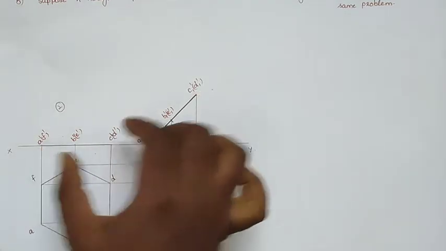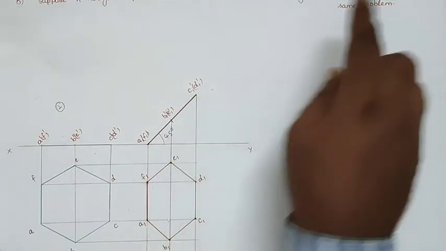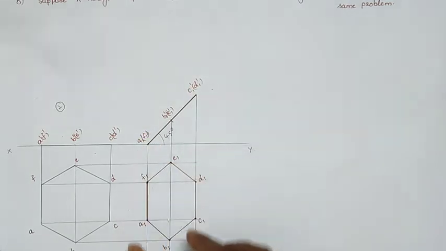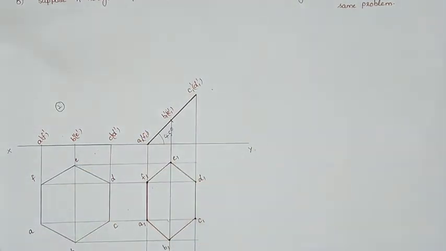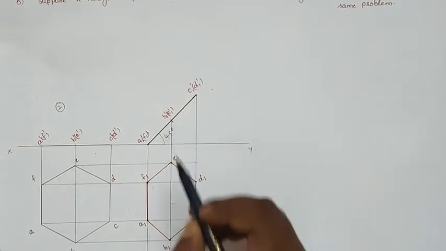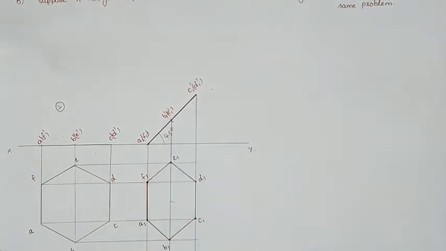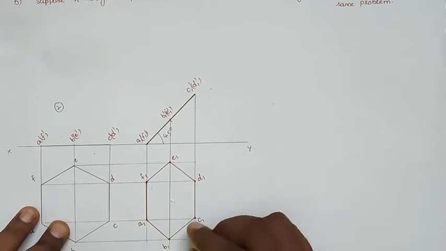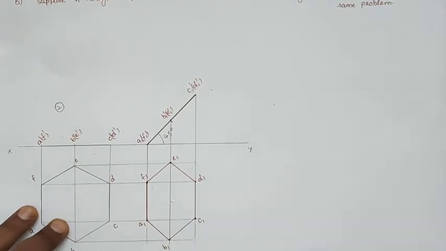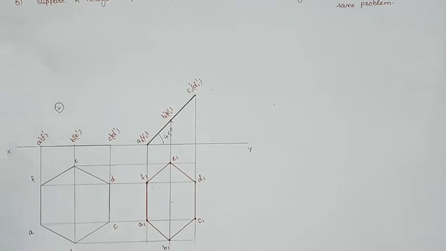Next we go to the surface inclination position. Redraw the first top view with an angle of inclination of 45 degrees, and draw the vertical projection lines from the second front view. Draw the horizontal projection lines and locate the corresponding intersecting points, and we will get the second top view. The second top view and second front view should be drawn in thick lines. So this is our problem.